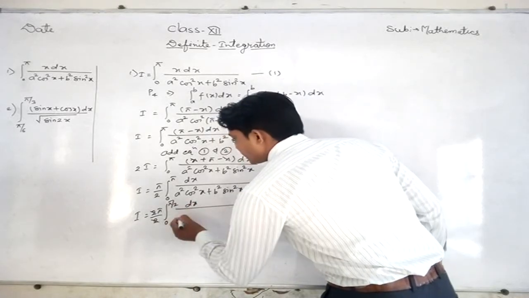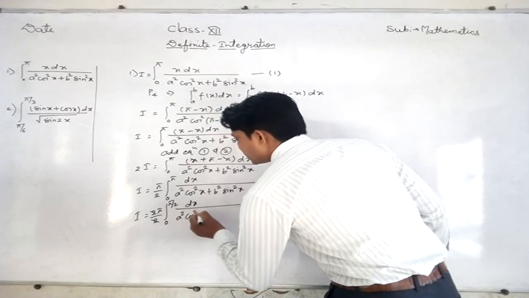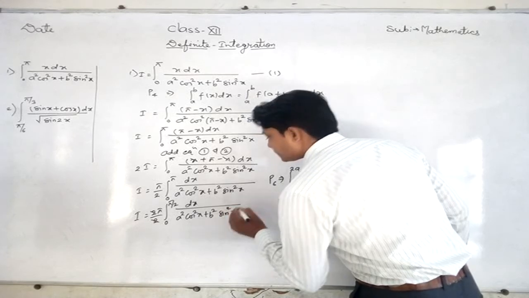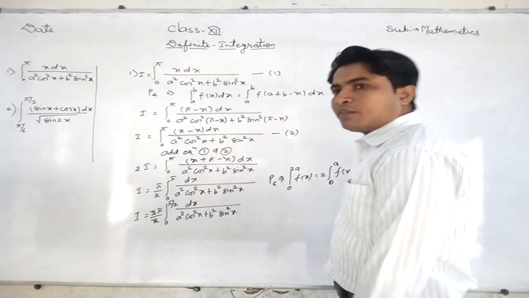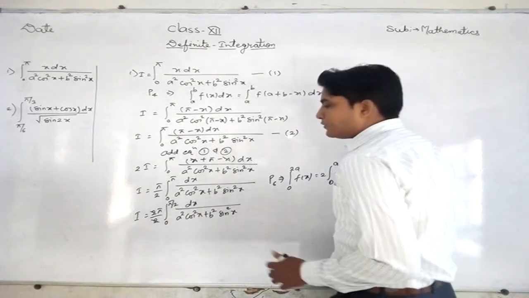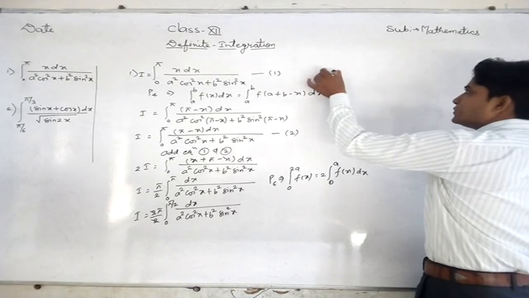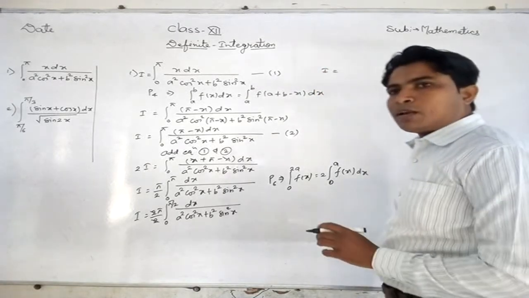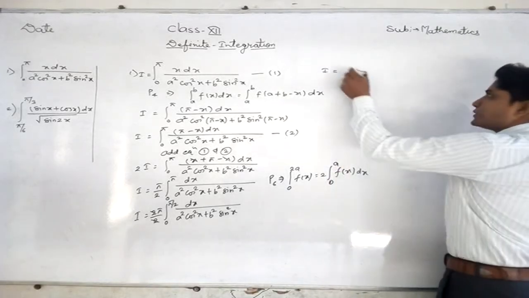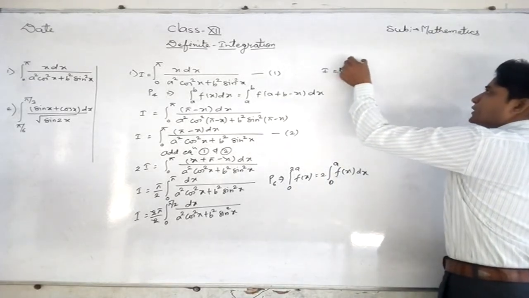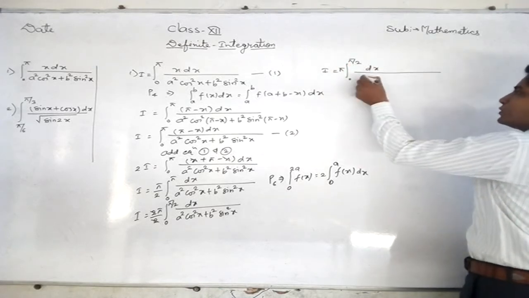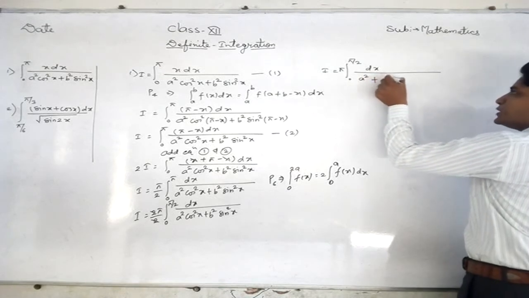Now we multiply and divide the denominator by cos square x, and then we get I equal to pi times the integral from 0 to pi by 2 of dx upon a square plus b square sin square x upon cos square x, that is tan square x, also multiplied by cos square x.